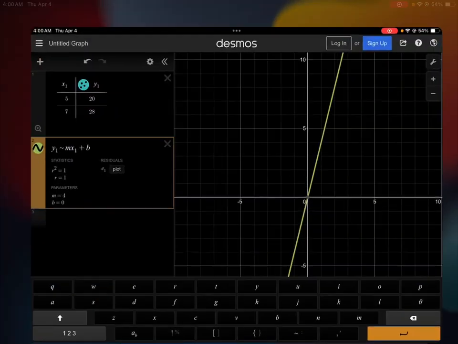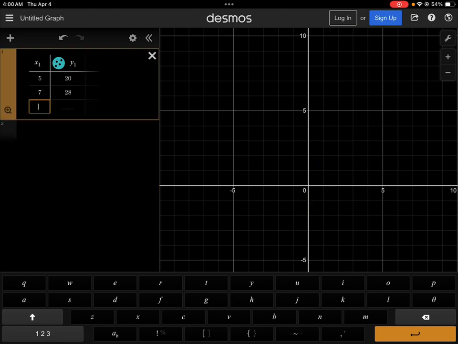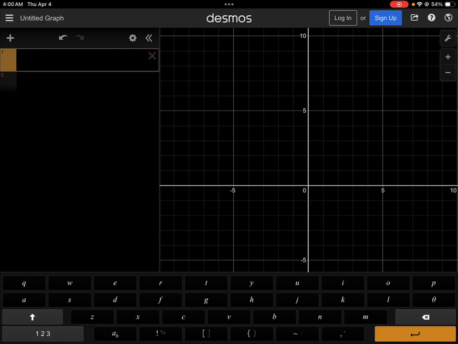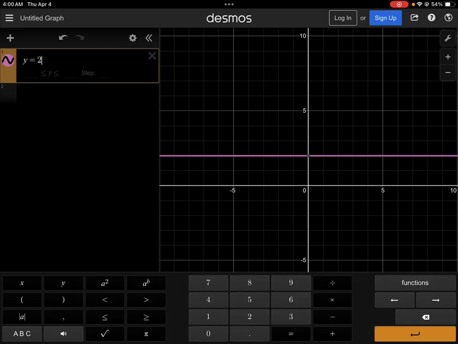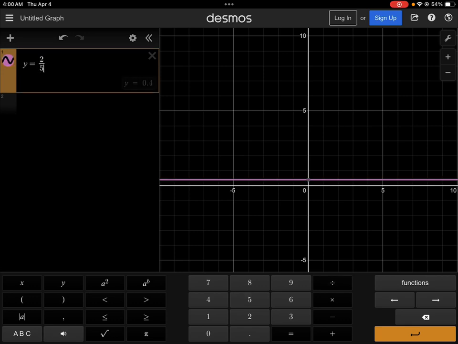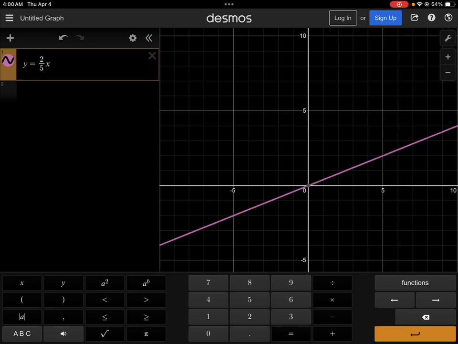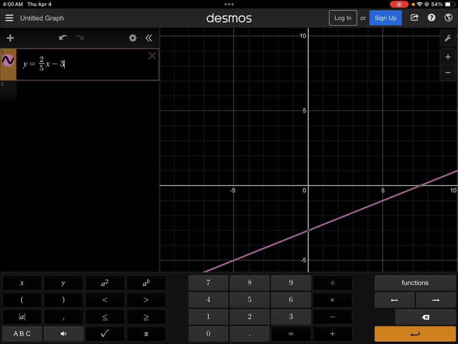Let's go to the graphing calculator and see what happens. Okay. y equals 2/5x minus 3. So we have one line here.